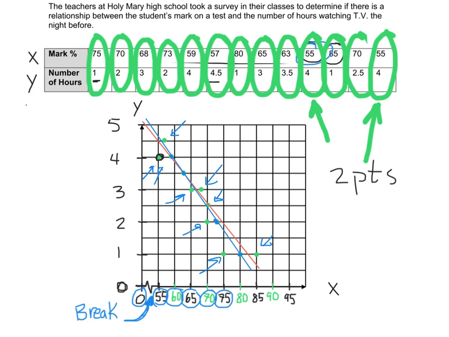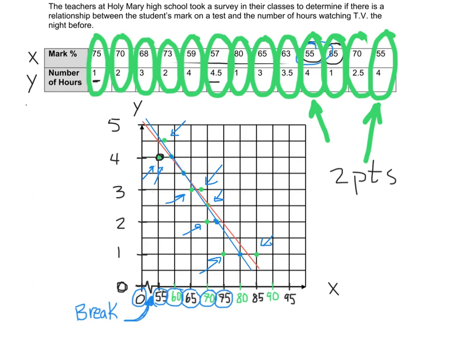Sometimes you're going to have one more below than on top, but this is way better than the red line. The red line's still okay, but I would think that the blue line went through more points. It was closer to more of the points, and there's almost an equal number of points on the bottom and on the top of that blue line.